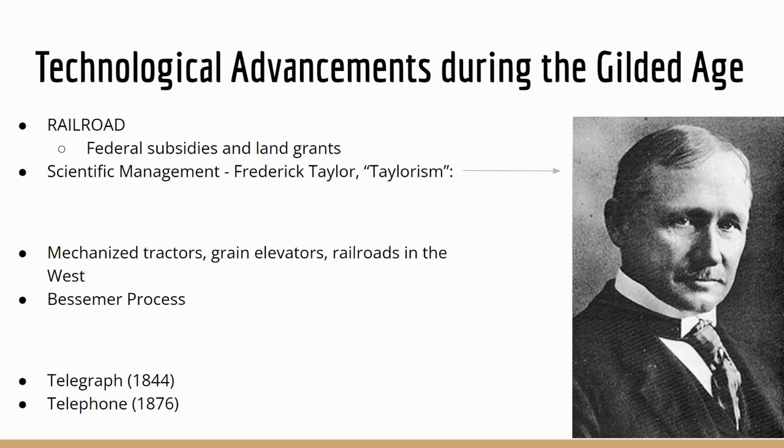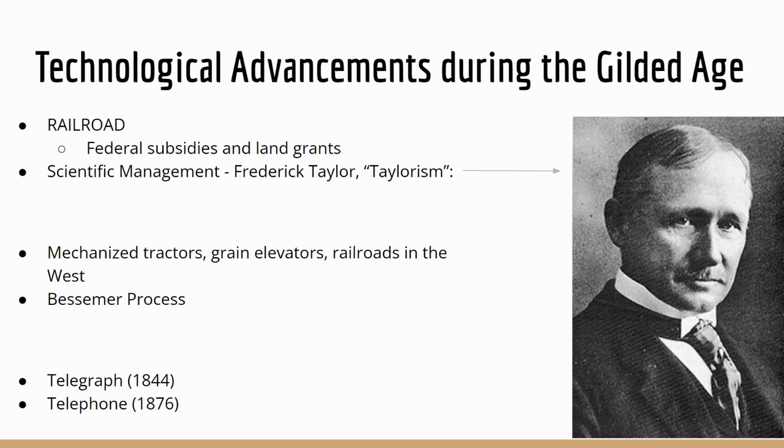Okay. Now, a lot of these new technologies are going to allow for rapid and efficient manufacturing, meaning we're going to see people producing more and more items in an easier and easier way. One idea behind this, it's not an invention, but an idea, is called scientific management. It's created by this guy on the right, Frederick Taylor, and sometimes you hear it called Taylorism.